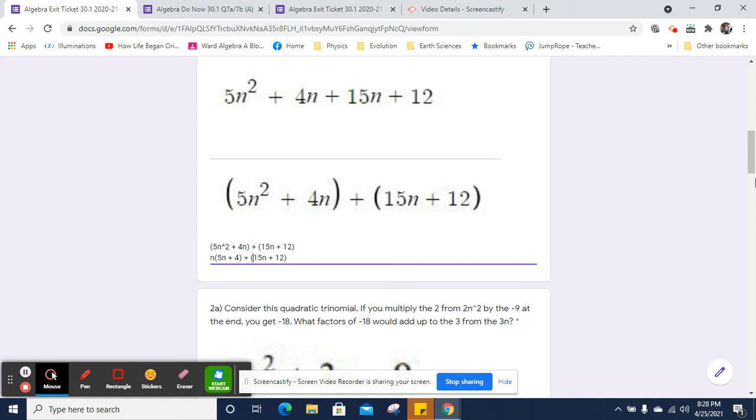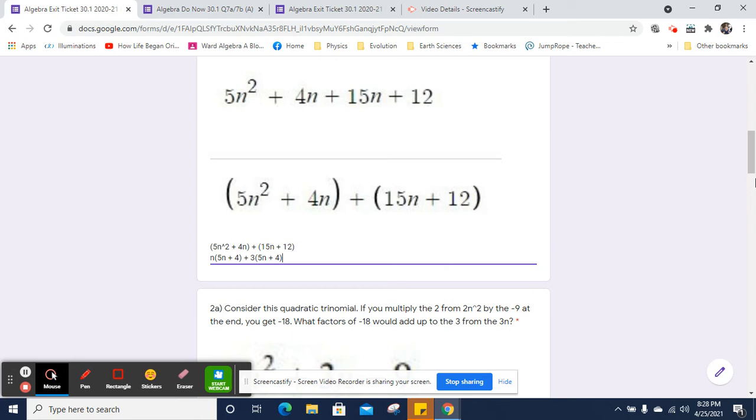Now, 15 and 12 do share a common factor, and the common factor is 3. So I'm going to pull out a 3, and 15 will become a 5, and 12 will become a 4. I can't factor any n's out, so I can't get any more there. But look at that.